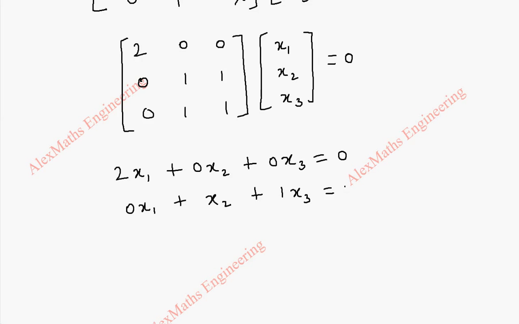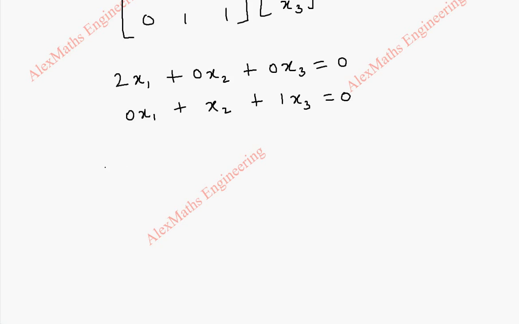So we take these two equations and use the cross multiplication method to get the values of x1, x2 and x3. So for x1, we take the determinant 0, 1, 0, 1, and for x2, we get 0, 1, 2, 0.